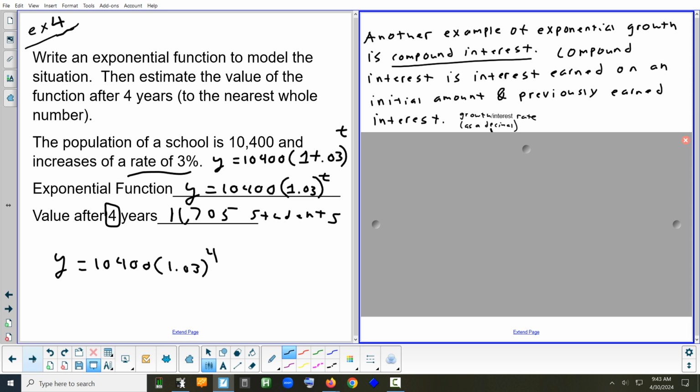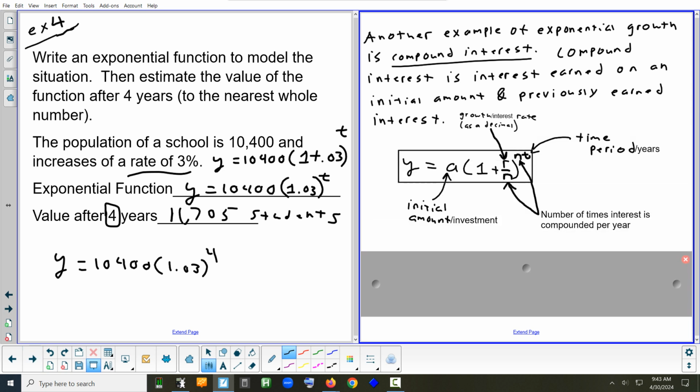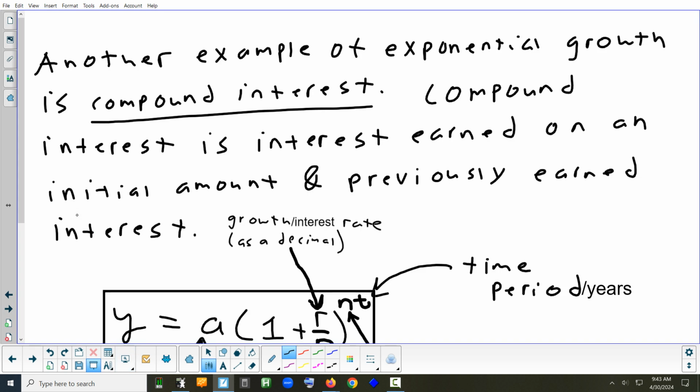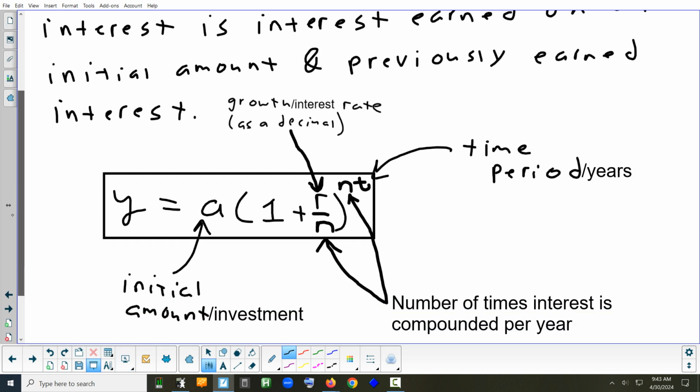All right, so for the last problem, you need to copy down that formula. That goes towards the bottom of your guided notes. This is called the formula for compound interest. Instead of one number, it's exponential.